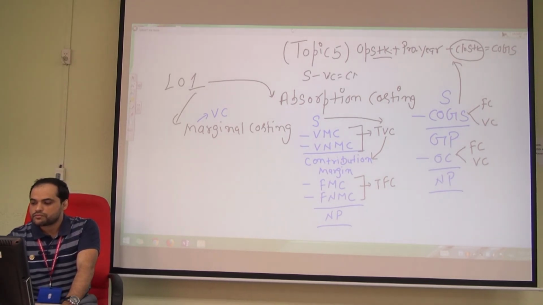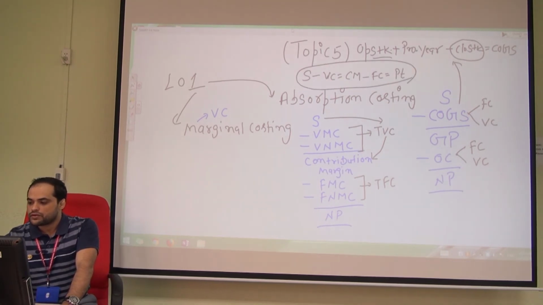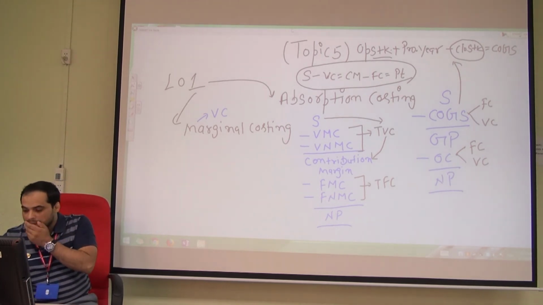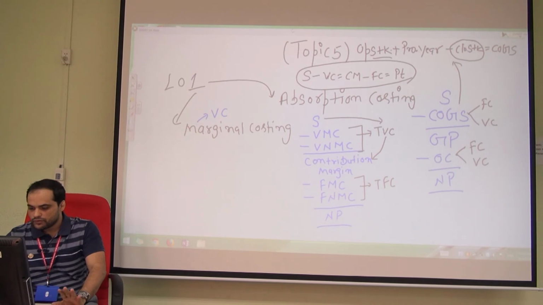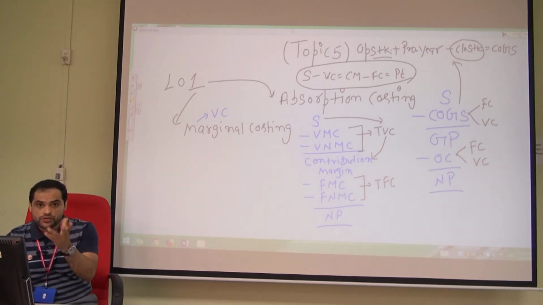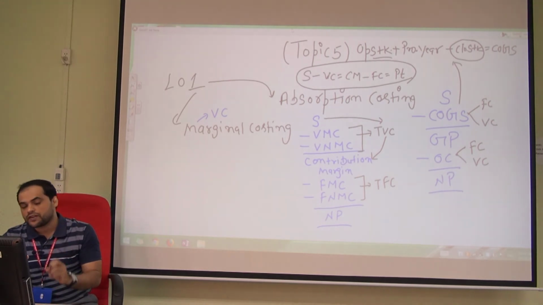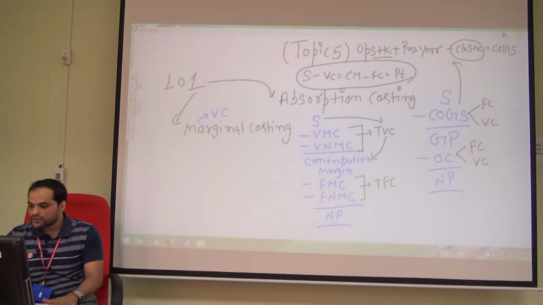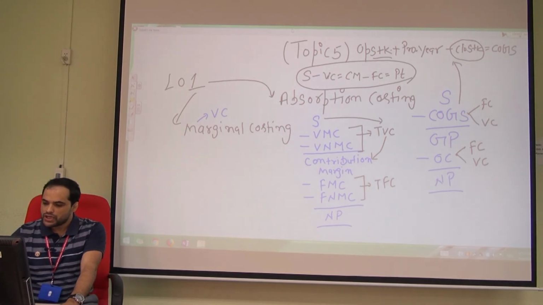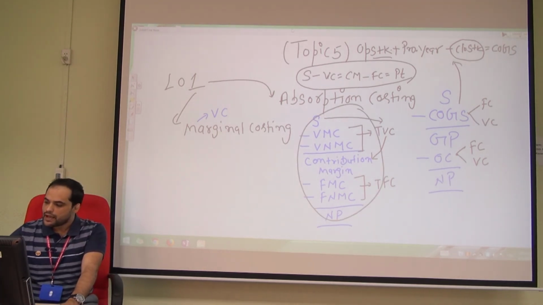Contribution margin minus fixed cost is the profit. Alright, so the same thing is going on here too. So here is the fixed cost. After subtracting the fixed cost from contribution margin, we get the net profit of the company. So here you can see the difference between marginal costing and absorption costing.